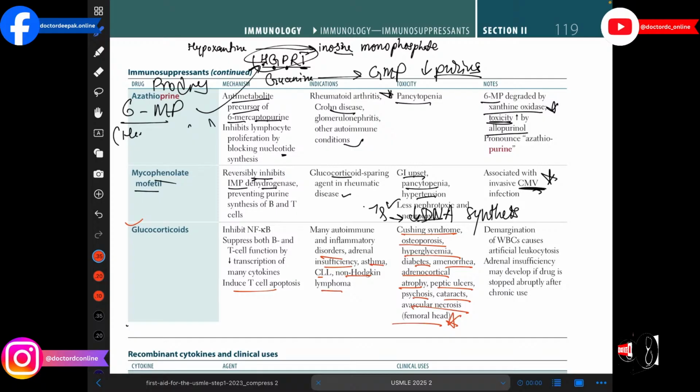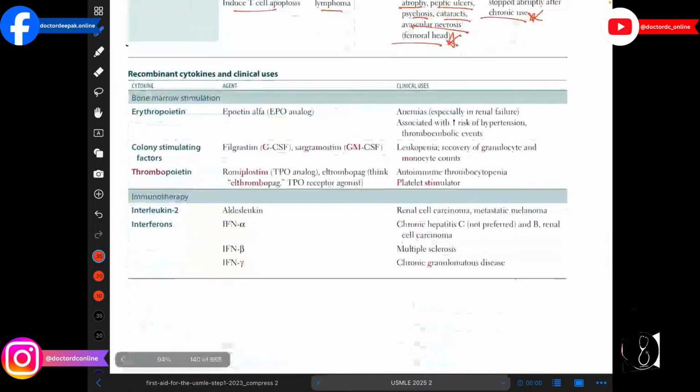Demargination of WBCs causes artificial leukocytosis. Adrenal insufficiency may develop if the drug is stopped abruptly after chronic use, because of long-term steroid use.